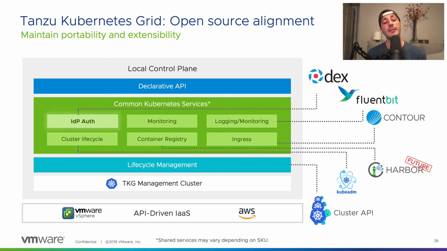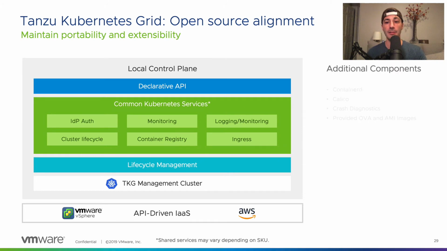We also have Dex, which is responsible for authentication to your Kubernetes cluster if you so choose. If you want to have Dex connect to your LDAP or your OIDC provider, you can do that too. Again, all these components except Harbor are included with TKG as being supported.